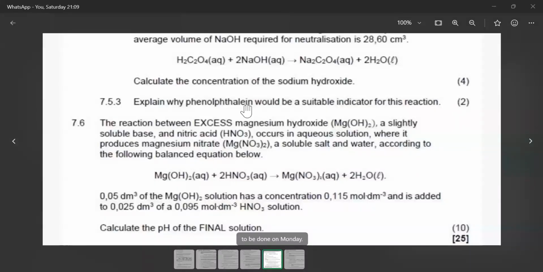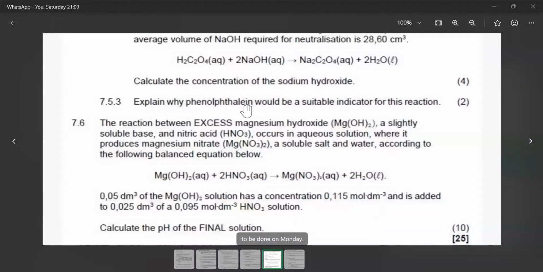Okay, so here they say the reaction between excess magnesium hydroxide, a slightly soluble base, and nitric acid occurs in aqueous solution where it produces magnesium nitrate, which is the salt.